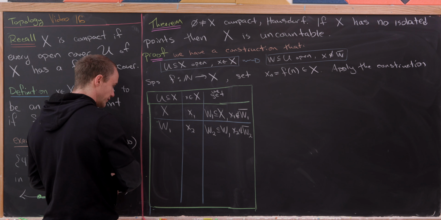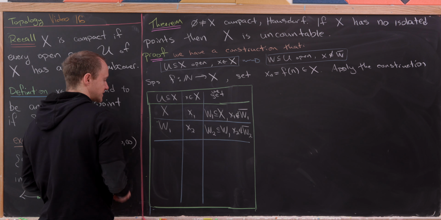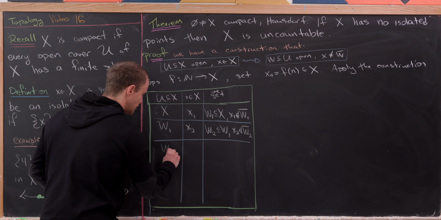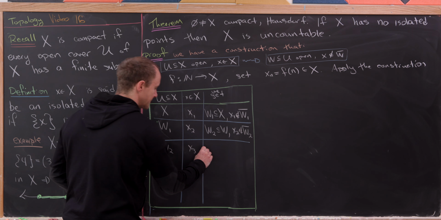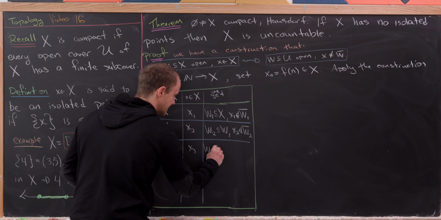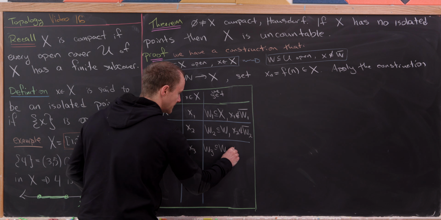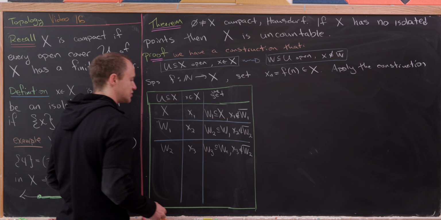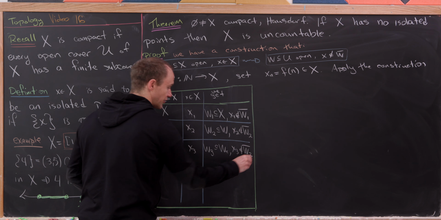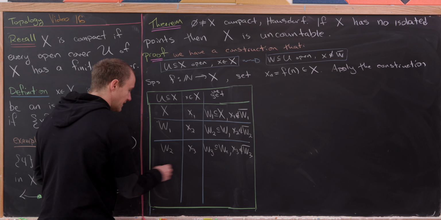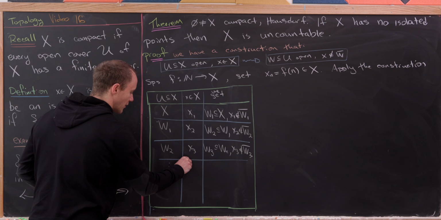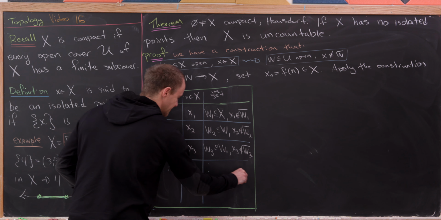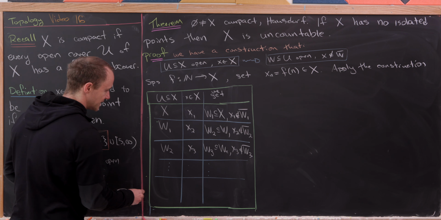Then doing it again, we start with W2 and x3. That gives us a W3 contained within W2, and x3 will not be contained within W3 bar. And then we're just going to keep going and going. At the general step, it'll look like this.